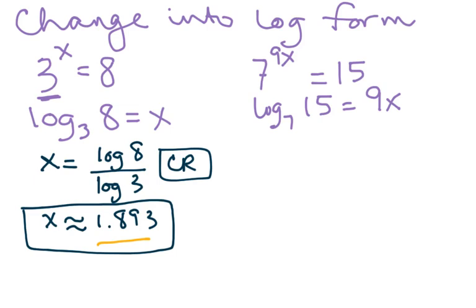Here it's 9x. Okay, so you may not know what to do from here either. What you can do is you can divide both sides by 9, okay, to get just the exponent. And the way that's going to look is 1/9 times the log base 7 of 15 equals x.